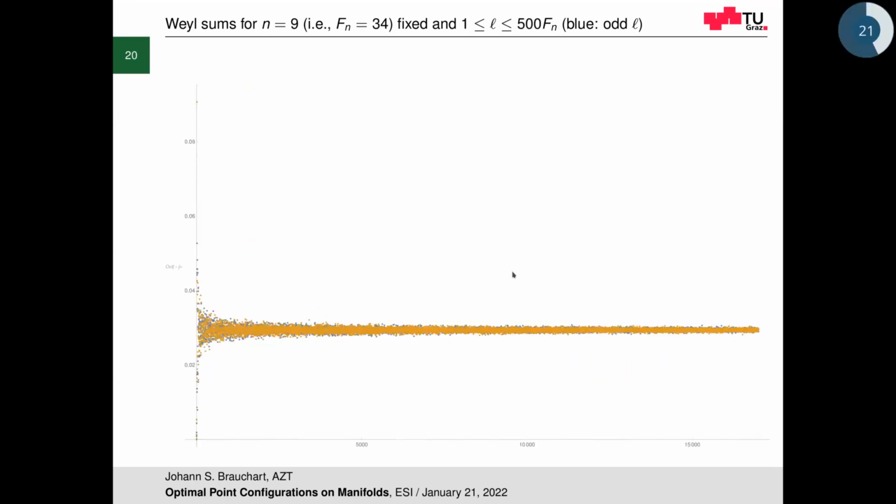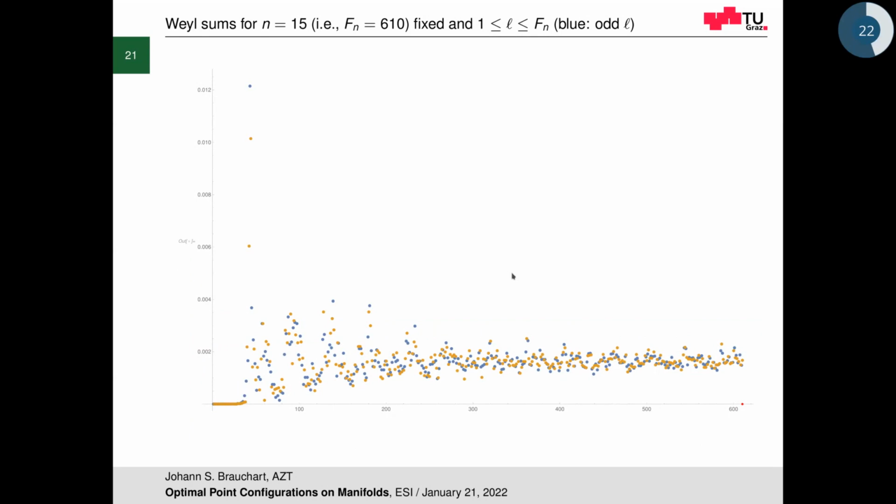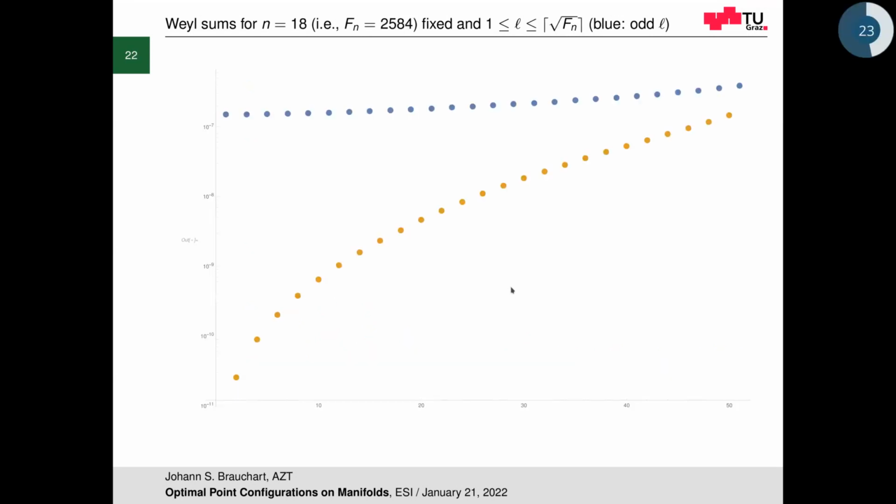So that's the grand picture of what's going on with the Weyl sums. And if I zoom in more to the beginning, then you see here, just for the degree of the polynomials going up to the square root of the number of points, there you have very small values compared to what you would get in this oscillation part.